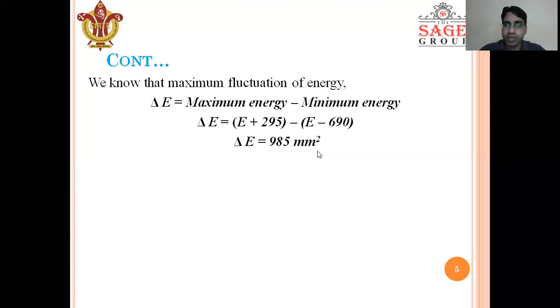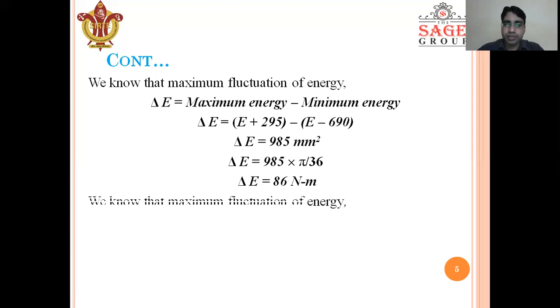But we know that 1 mm square equals pi by 36 Newton meter, so substituting, 985 into pi by 36. After the calculation, delta E equals 86 Newton meter.